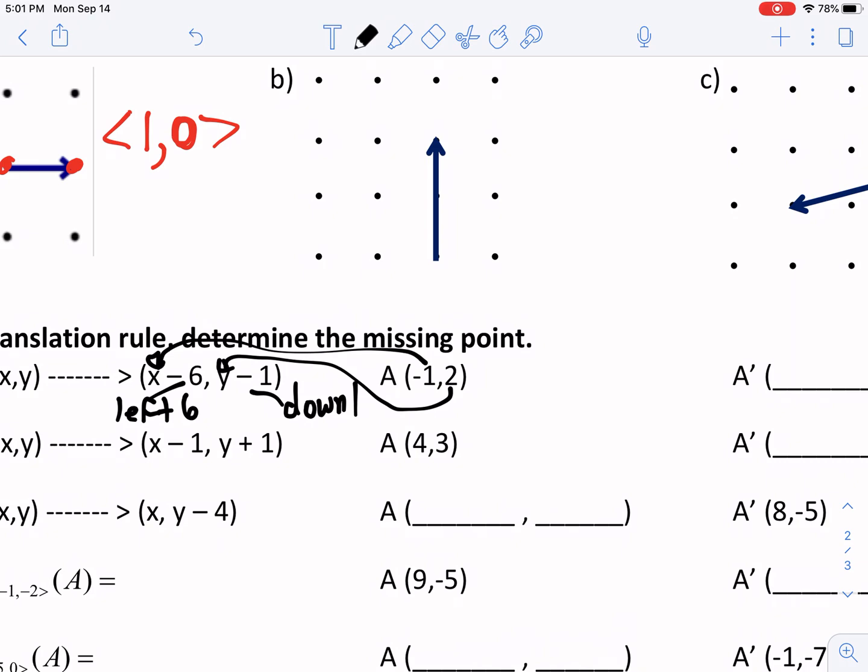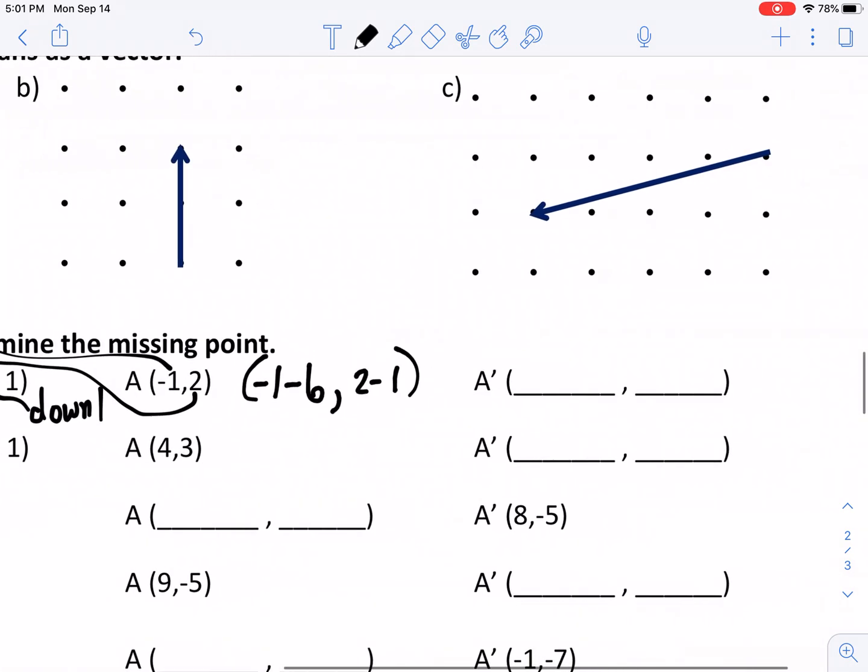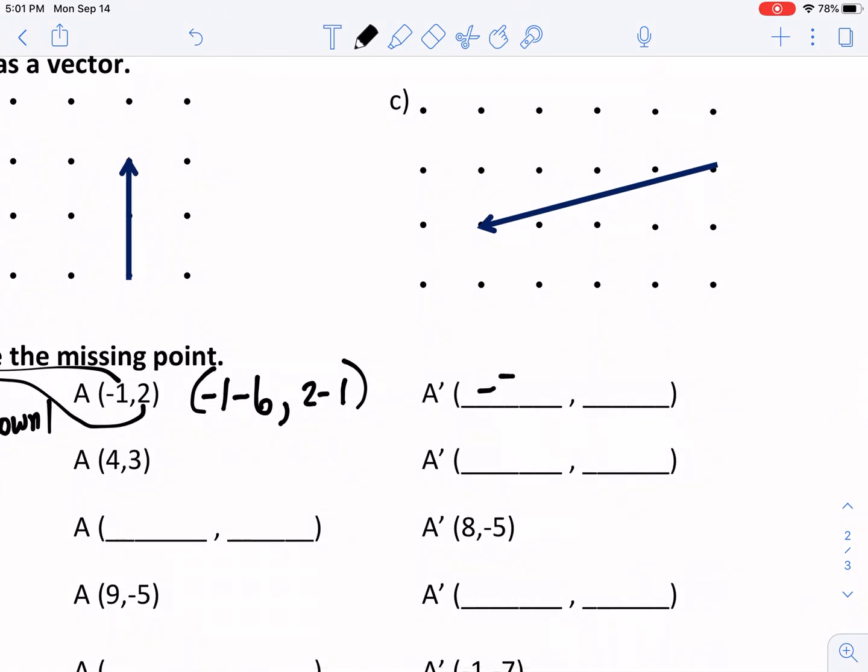So if I plug in those values, we'd have -1 minus 6 for x, and then 2 minus 1. So all I'm doing is plugging in -1 for x and 2 for y. Well, what's -1 minus 6? Remember, same sign, adding, keep your sign. So that would give me a -7.